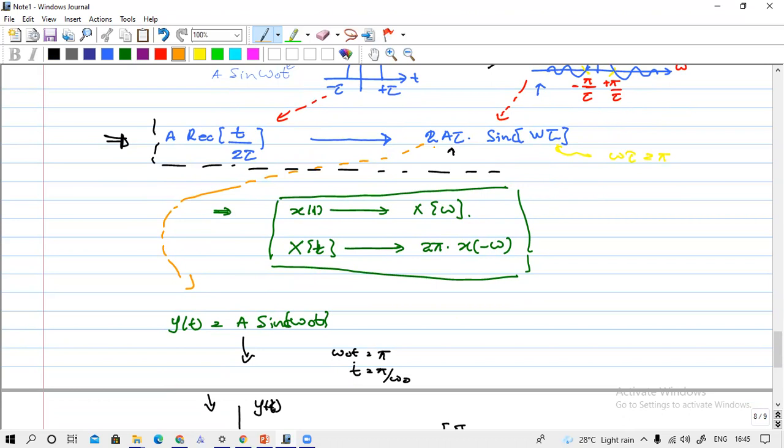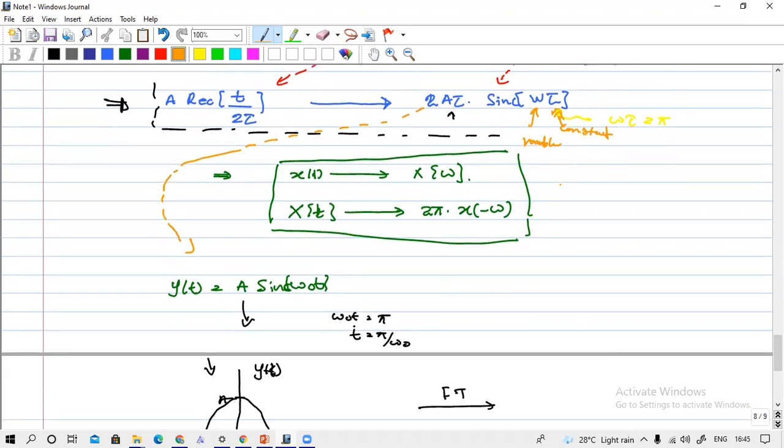You can see that 2Aτ is there. Now you can see that τ is a constant and ω is the variable.